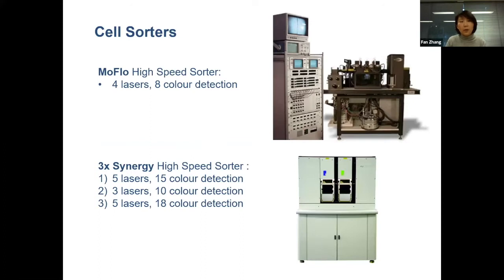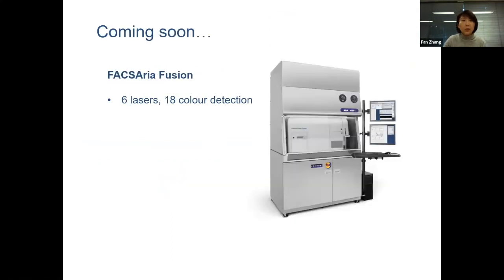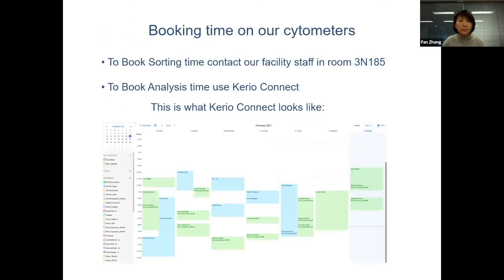We have 4 cell sorters: 1 MoFlo high-speed cell sorter and 3 Synergy high-speed sorters. We will soon have a new addition to our cell sorters, which is a FACSAria Fusion. To book a sorting time, please contact our staff by email. To book analysis time, please use Cario Connect.